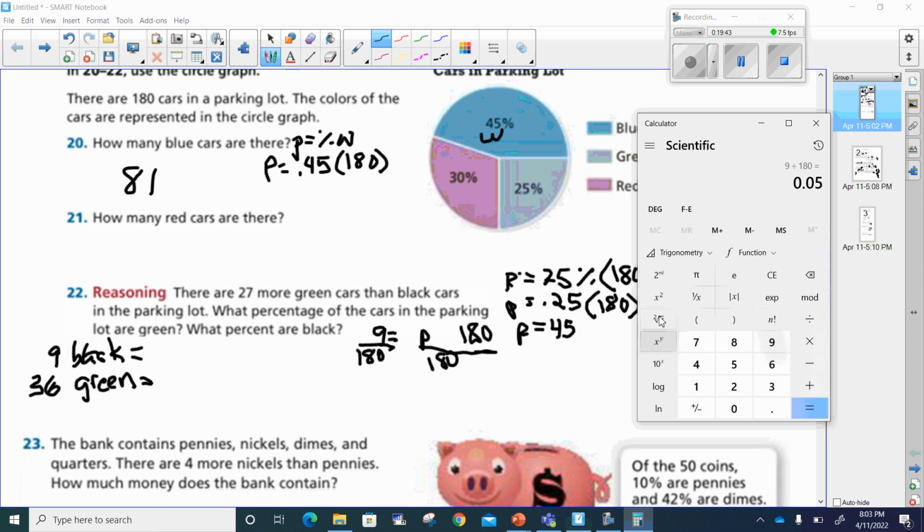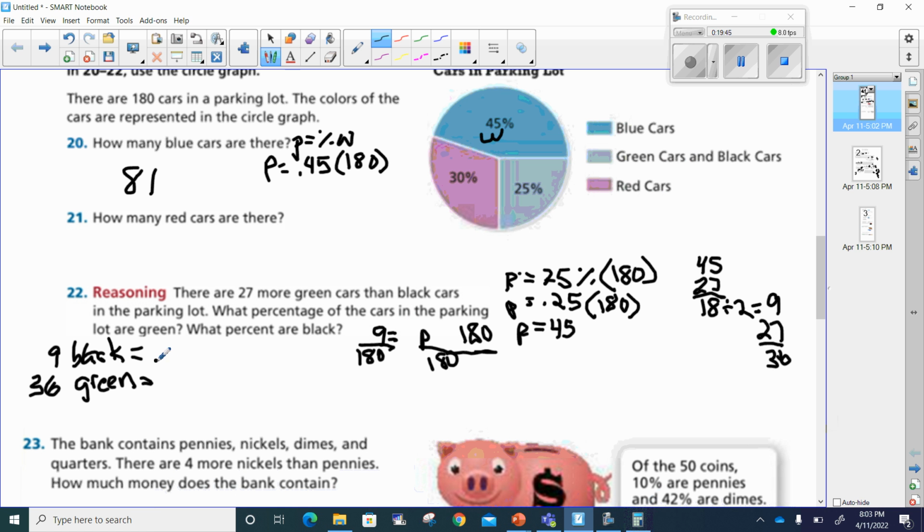Since 9 divided by 180 is 0.05, to turn it to a percent, I have to move my decimal over 2 places, and that'll make it 5%. So 5% of them are black. Next, to do the green ones, I'll have to do the same thing using the same formula.